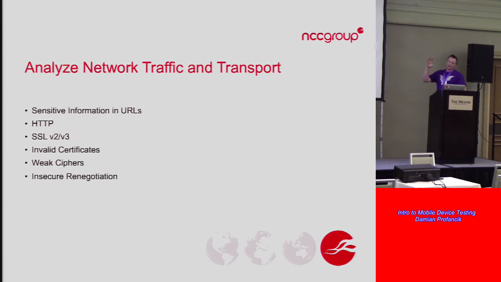And then higher up on that is the network traffic, analyzing how data is going to and from the server over the APIs. As I mentioned, sensitive information in the URL.